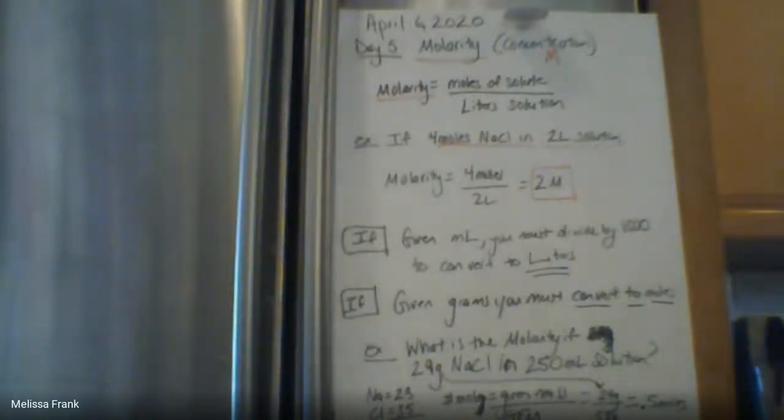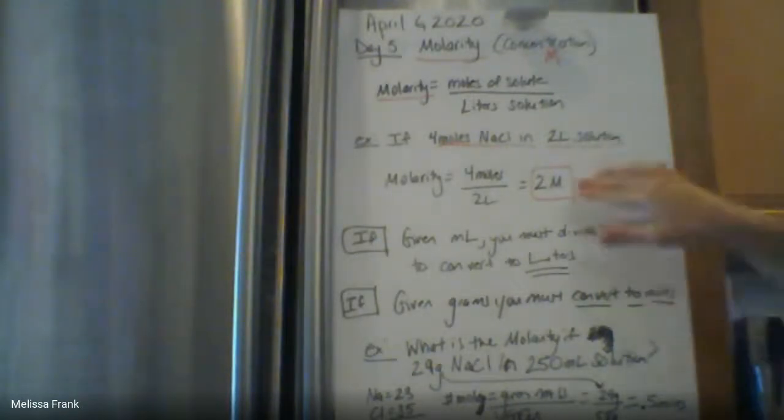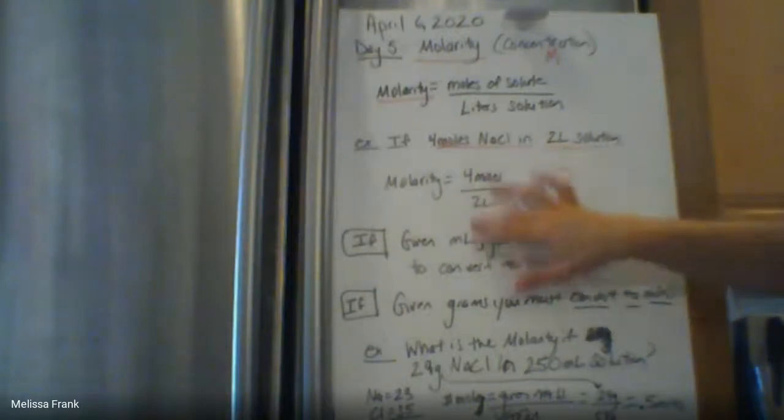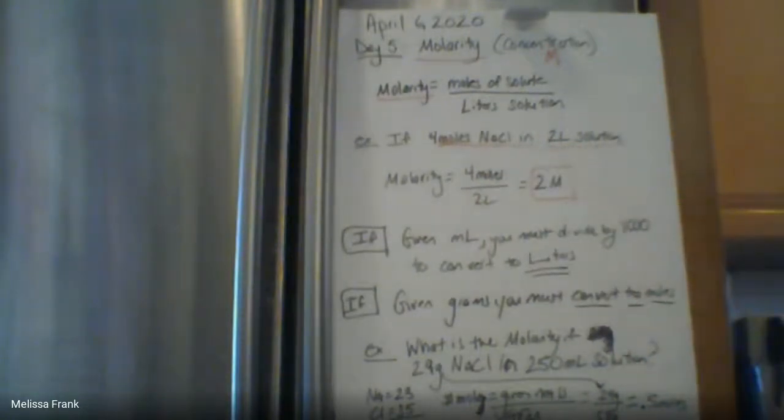Okay, so the higher the molarity, it means the more moles of solute you have in your solution, which makes it a stronger solution. If you have more liters of solution or more water, it makes it weaker or less concentrated.